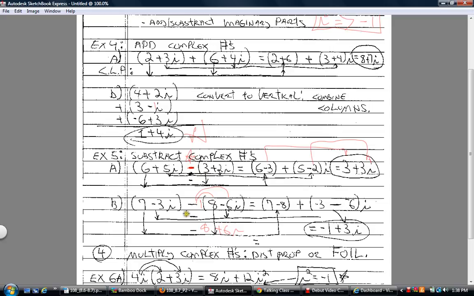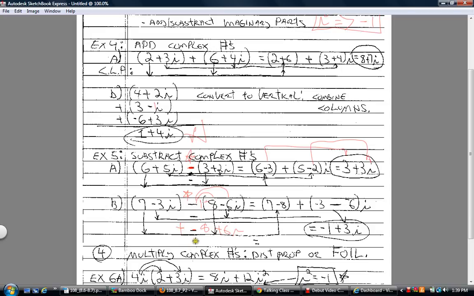And another way some people do it is they see the subtraction, they convert it to addition, then they go ahead and switch the signs, assume positive to negative, assume negative to positive. You've got 3 choices here. Pick which method you like the best, but the bottom line is you've got to deal with that subtraction sign.